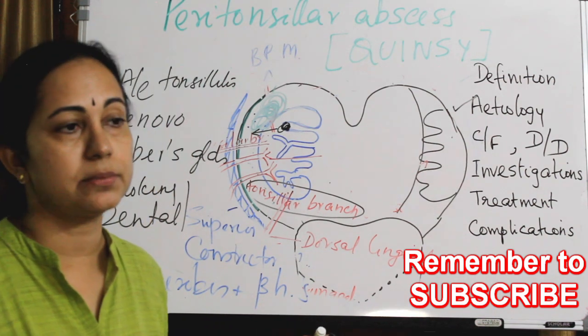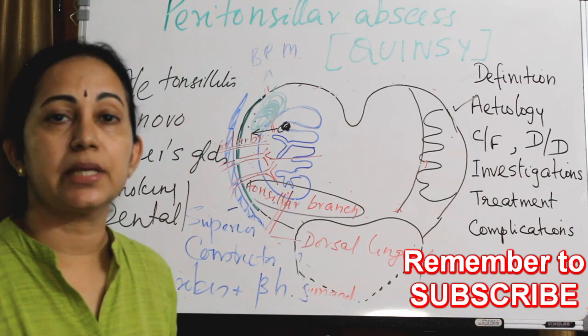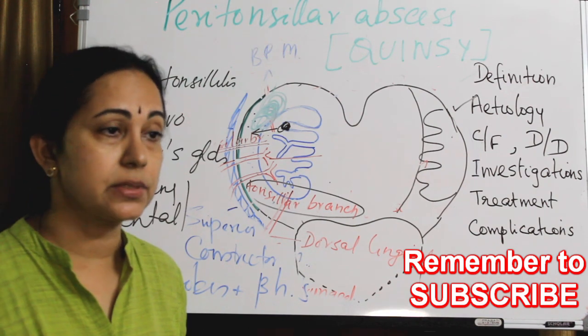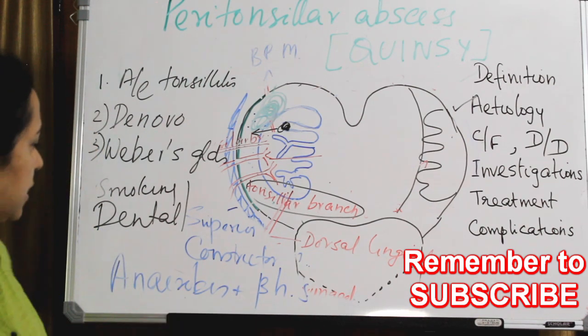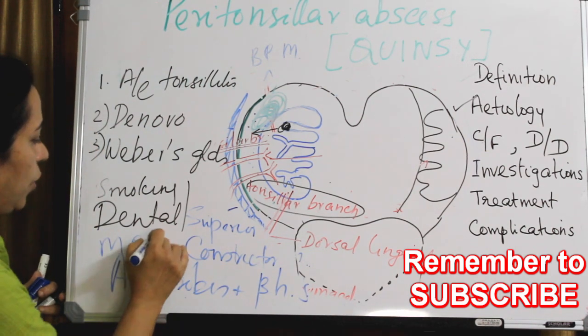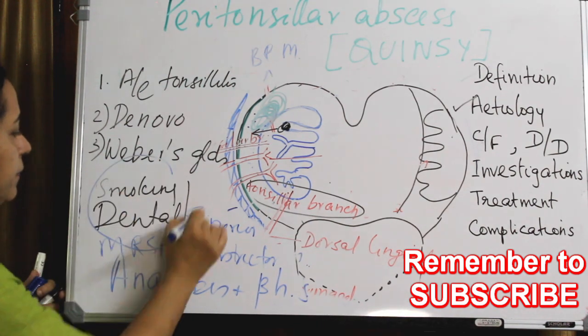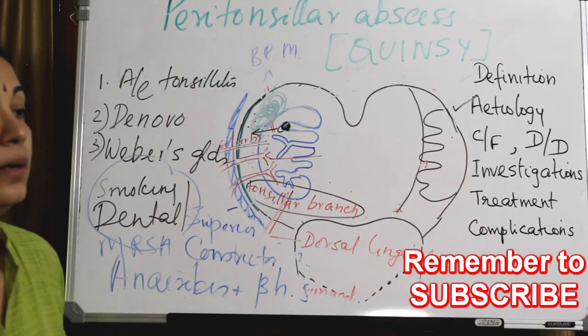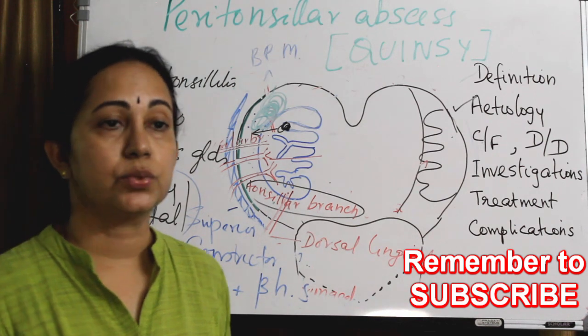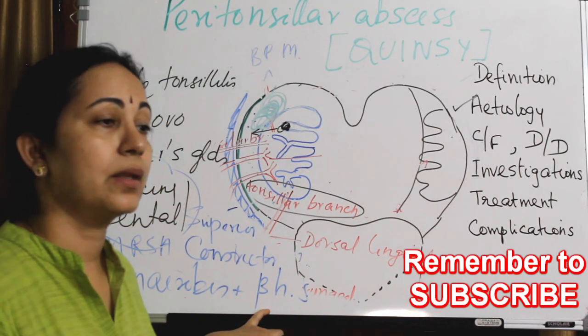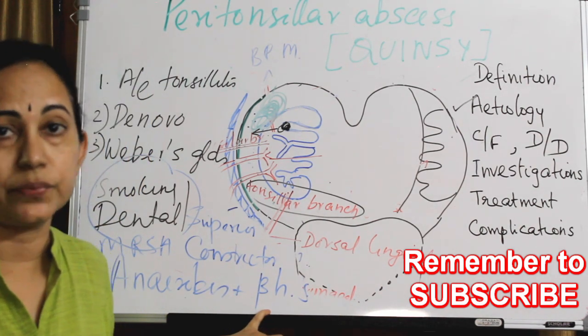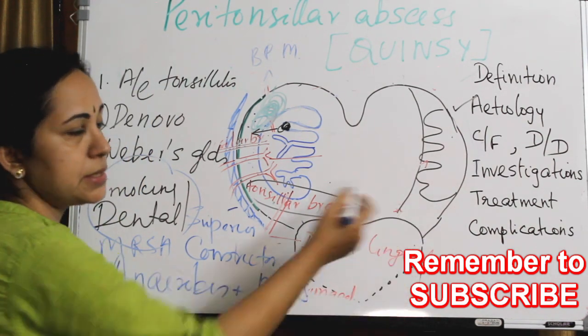So the main organisms are group A beta hemolytic streptococcus and anaerobes; Staph aureus and also MRSA have an association. Especially MRSA is more commonly seen in patients with smoking and dental infections. Okay, so because of anaerobes and beta hemolytic streptococcus, benzyl penicillin becomes the drug of choice. That I will discuss along with the treatment part.